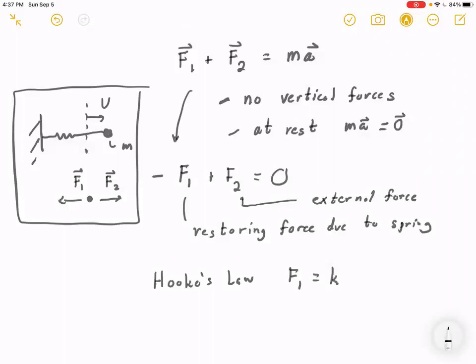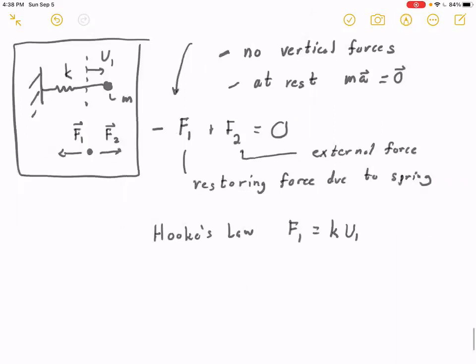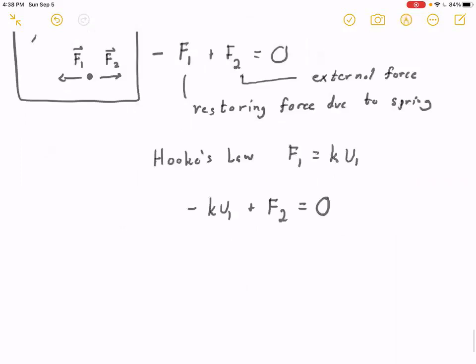It's proportional to the displacement U sub 1, and that proportionality constant is just the spring constant. So my equation of motion is minus K U sub 1 plus F sub 2 equals 0, or F sub 2 is K times U sub 1.